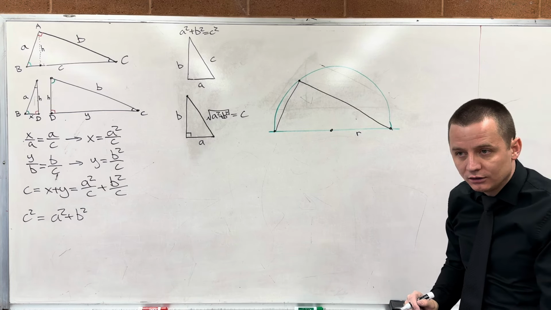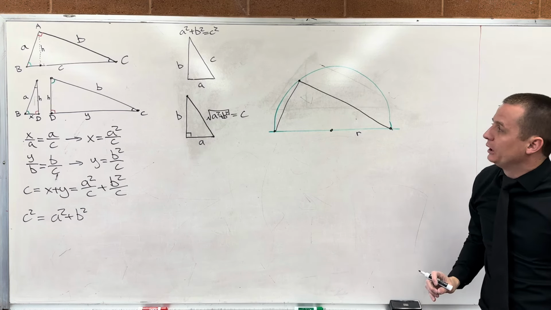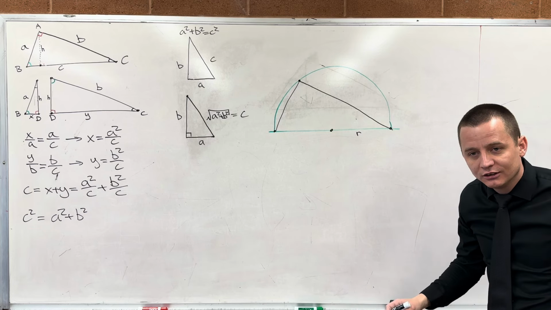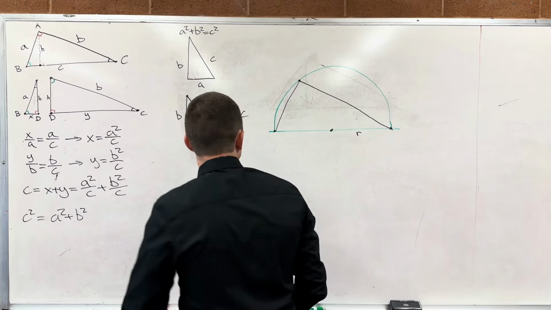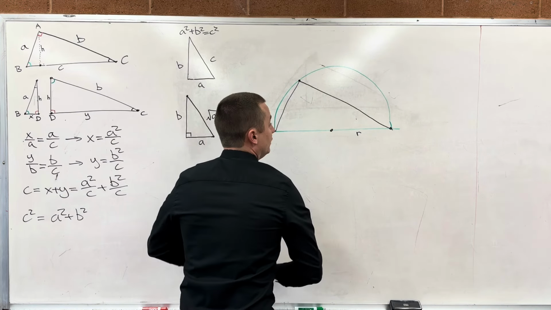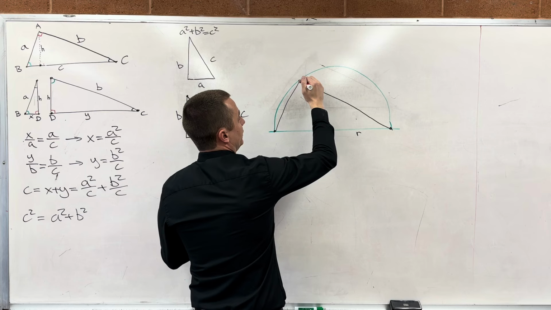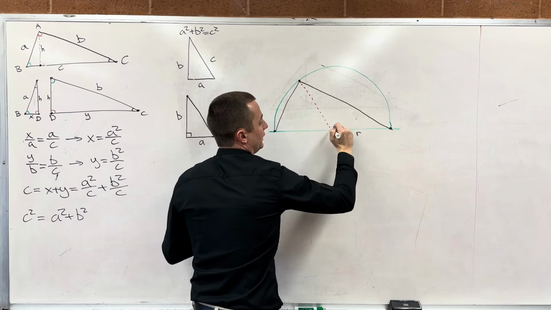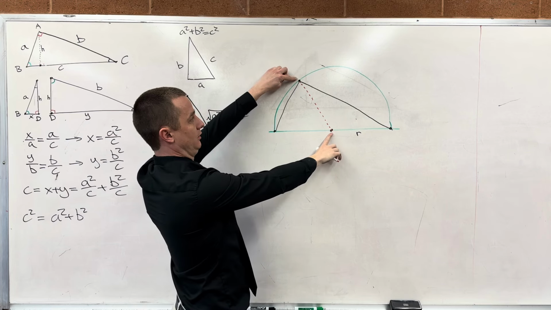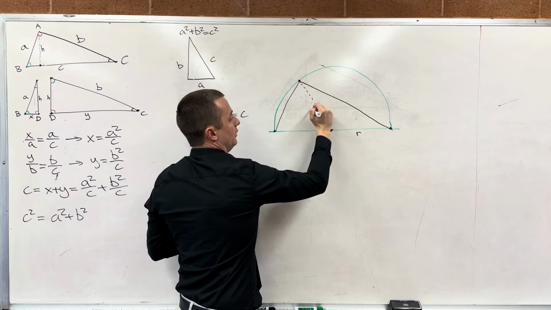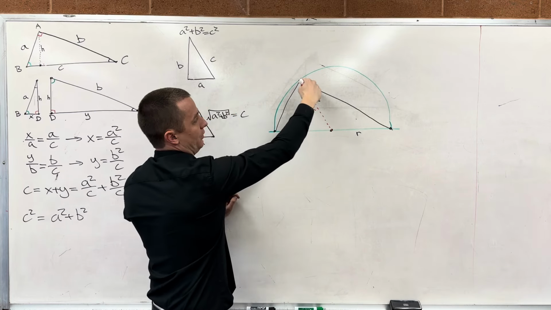You with me? Yeah. Now I'm going to show you the standard way to prove it that we can't use yet because we don't have degrees. But here's the standard way to prove it. We could draw a point down to there. What is this distance? R, that's the radius of the circle. So now look at this triangle.